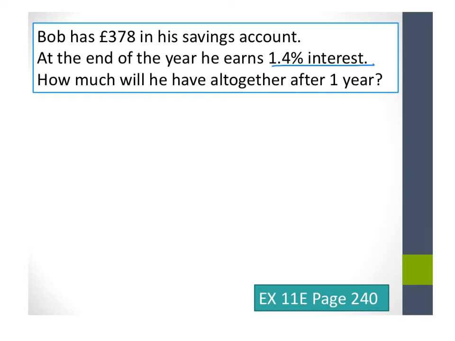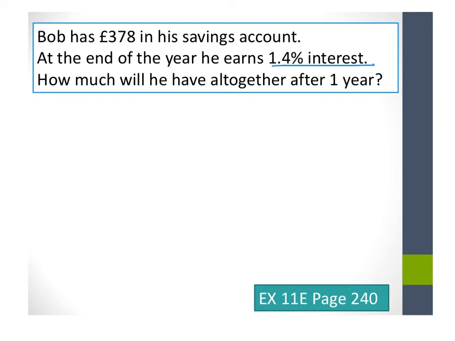But anyway, when you save money, you earn interest on it. The bank will give you a percentage return on your money, called interest, for saving with them, having your money with them. So you've got to decide, is this going to be an increase or a decrease?